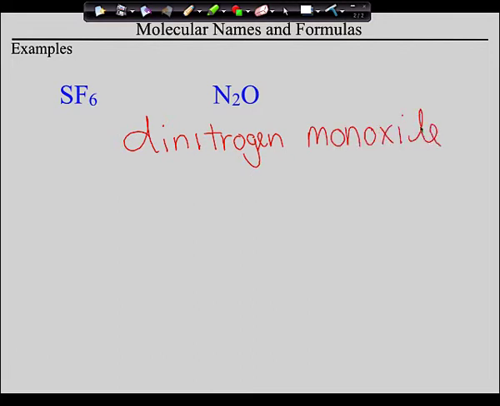So the rule is this. When you put the prefixes together, if you've got two vowels bumping into each other, drop one of them so it sounds better. It's not mono-oxide, it's monoxide. Get the idea? All right. Told you this was easy.